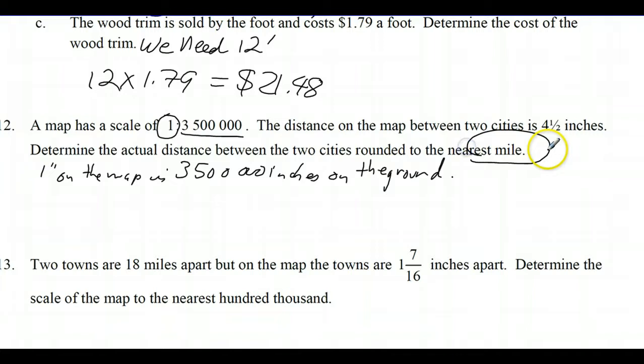So we're going to figure out to the nearest mile how far apart these cities are. So if I have 4.5 inches on the map, then I'm going to go 4.5 times 3,500,000, which gives me 15,750,000 inches.